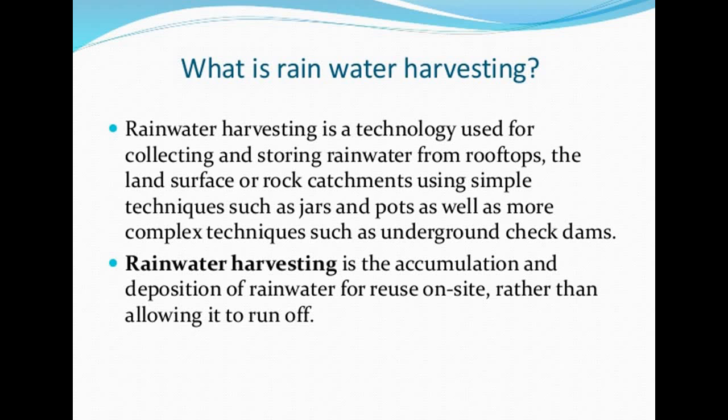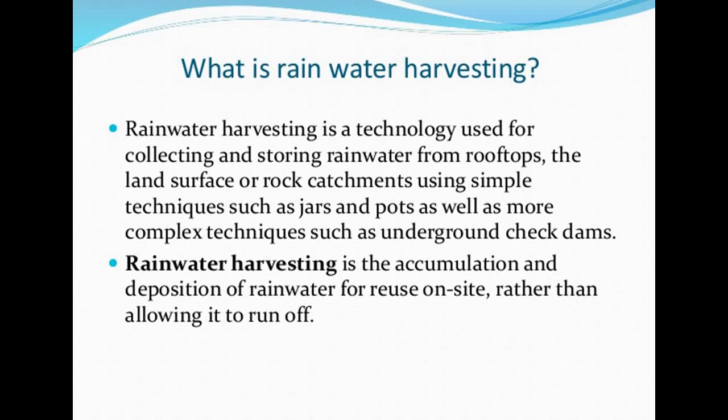Then rainwater harvesting is the accumulation and deposition of rainwater for reuse on site rather than allowing it to run off. Accumulation means collecting all the rainwater and using it after some time, or when there is a shortage of water around us, so we can use it in our emergency time.